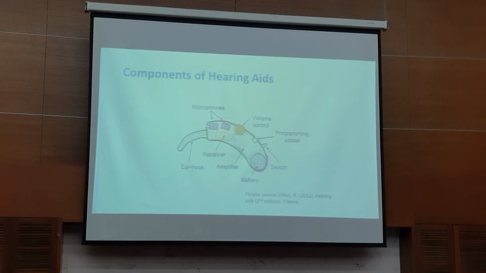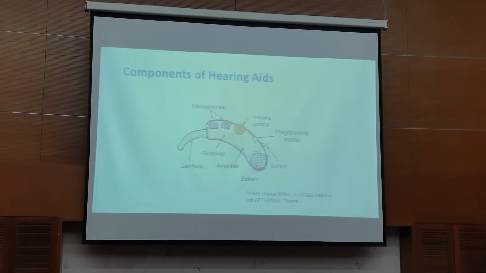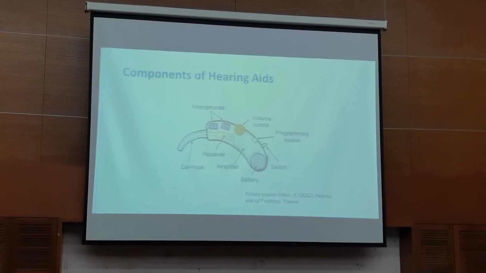And then you have the circuit in here. You see there is a receiver, an amplifier. Alright, and then there is a battery as the power, and the ear hook. So its components are actually very simple. Because of that, because it just has an amplifier inside, the function of the hearing aid is really just to amplify the sounds.